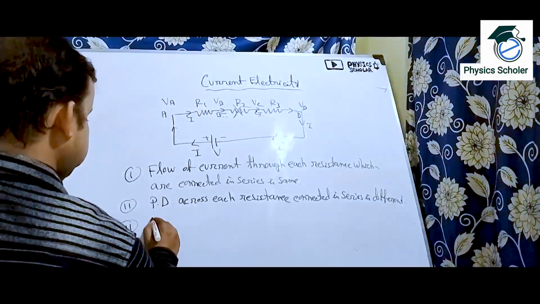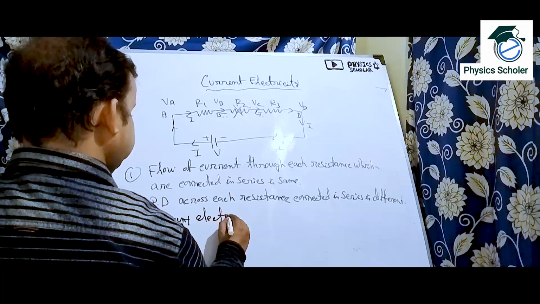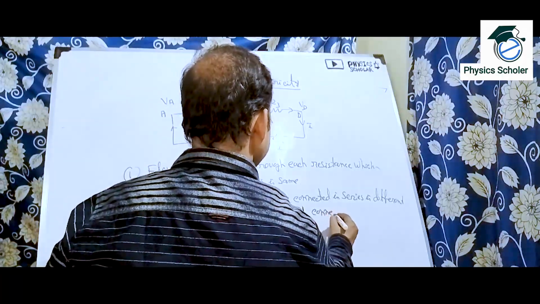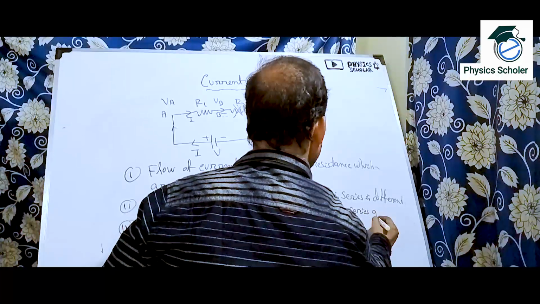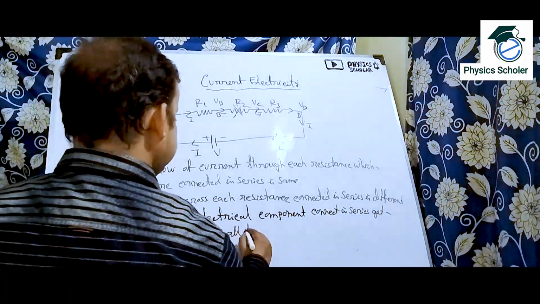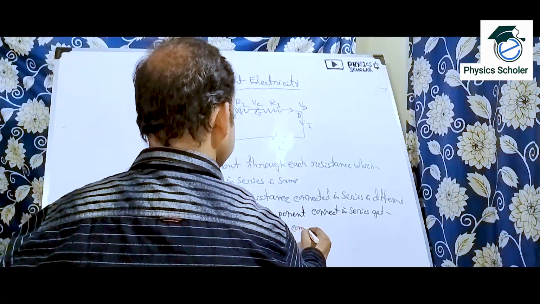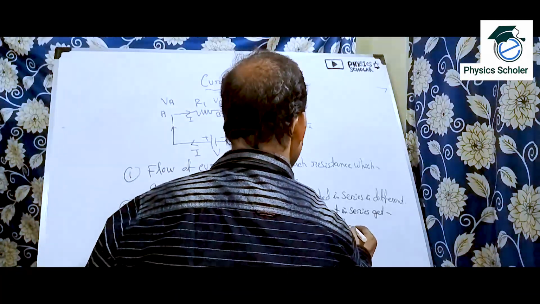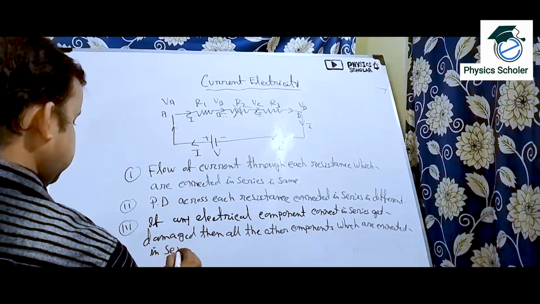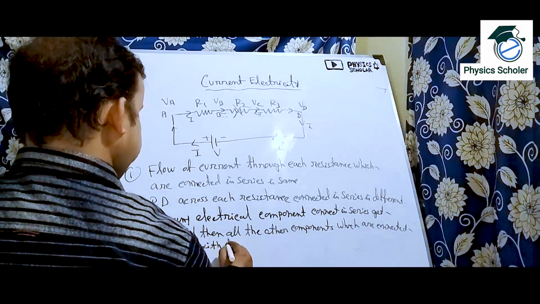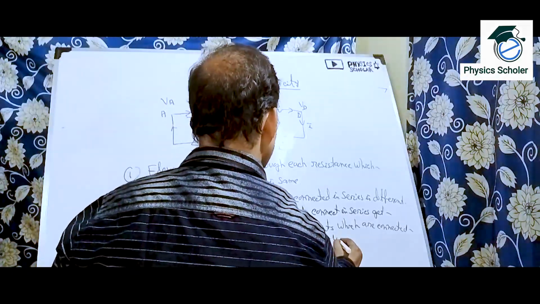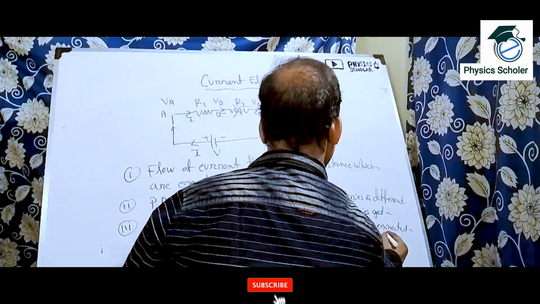So this is the property of the series circuit. If any electrical component connected in series gets damaged, then all the other components which are connected in series with the damaged component will also not work.